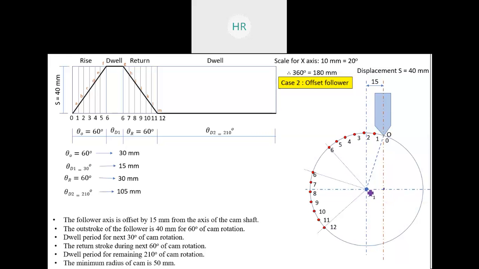So take the radius equal to O1 to this point. इतनी हम रेडियस लेंगे और एक सर्कल ड्रॉ करेंगे. Now you can see this brown line, the center line of this follower, is actually tangent to this circle. ये जो लाइन है वो इस सर्कल को टेंजेंट है, उसको सर्कल को छू के निकल रही है.